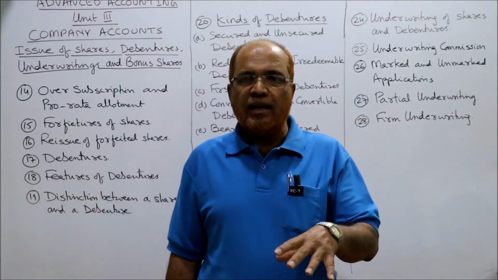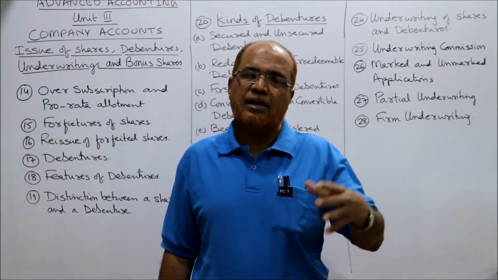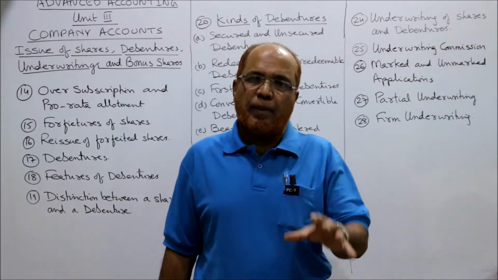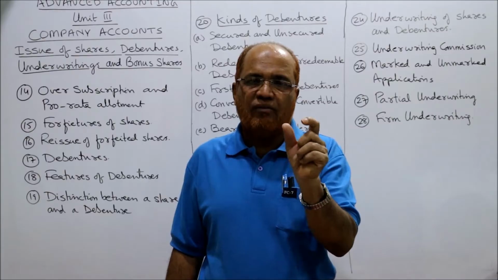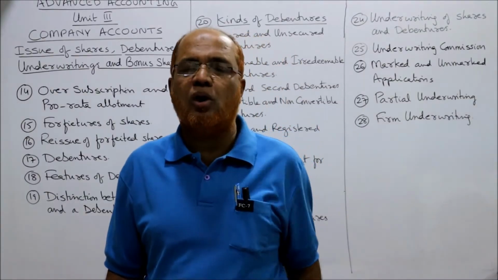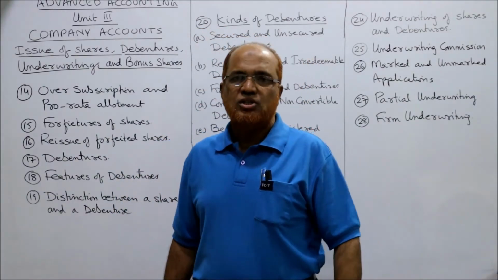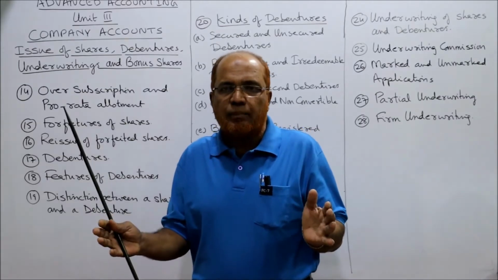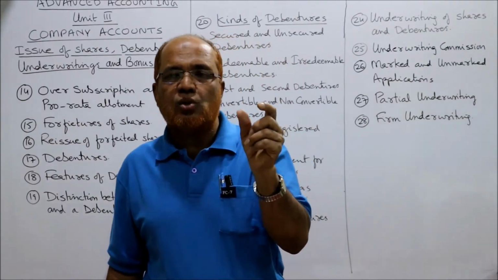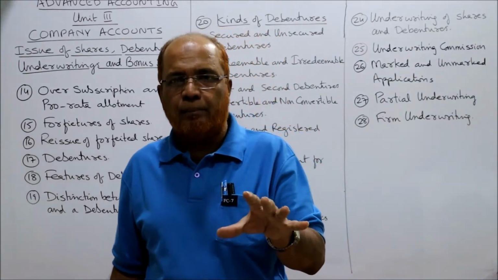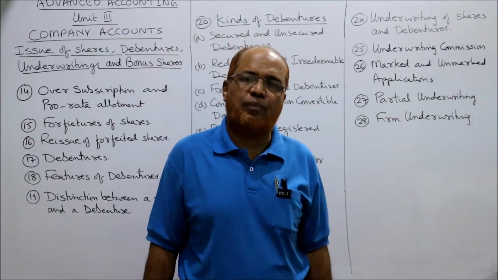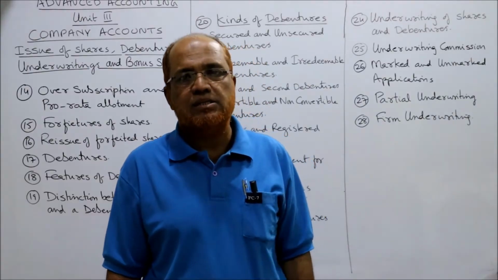So to take a loan, the company does not get a loan only from banks, but can also take a loan from the public. When a loan is taken from the public, the total loan amount will be divided into a number of smaller denominations, parts, just like the total share capital is divided into a number of parts called shares. Similarly, the total loan amount from the public is divided into a number of parts called debentures.